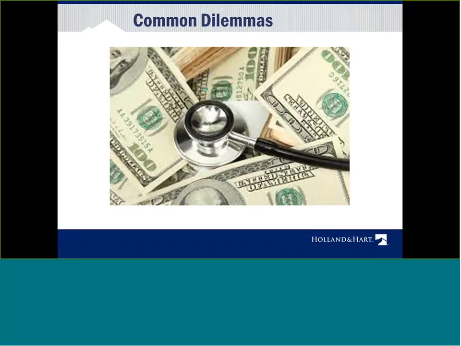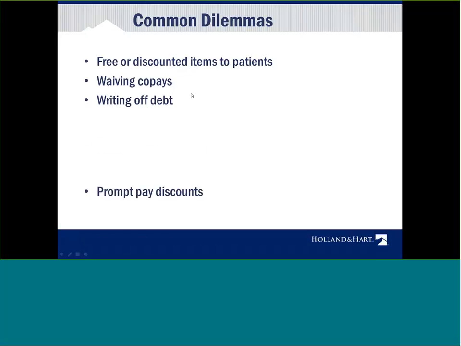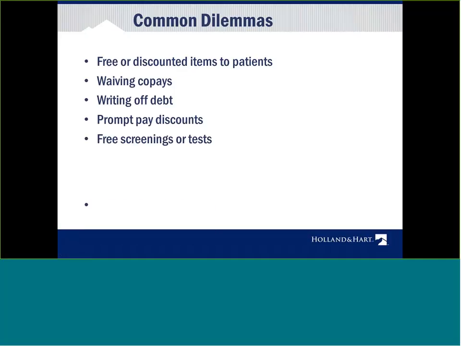So some of the common dilemmas that we're going to talk about today include giving either free or discounted items or services to patients, waiving copays, writing off debt, prompt pay discounts, free screenings or tests, free transportation, gifts or perks to providers, and then professional courtesies.